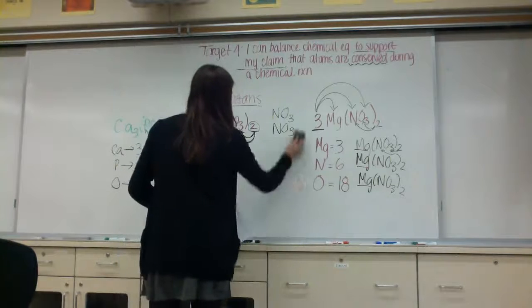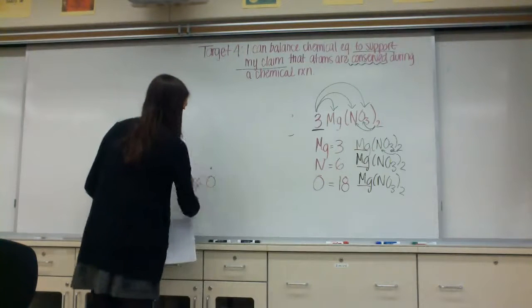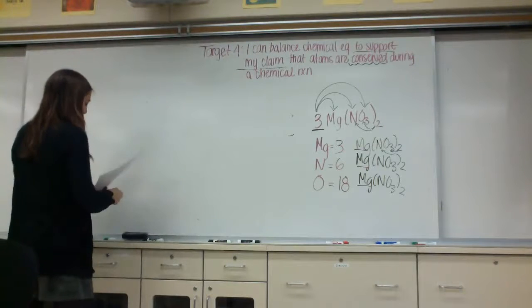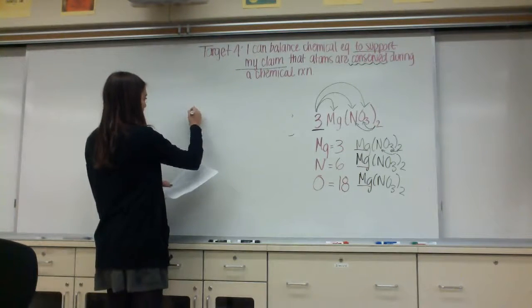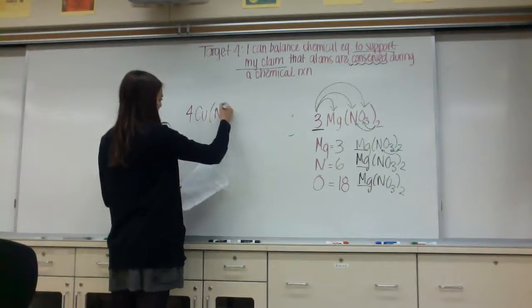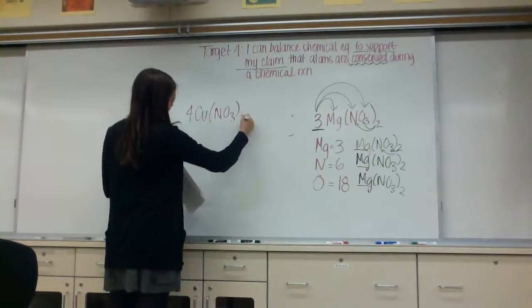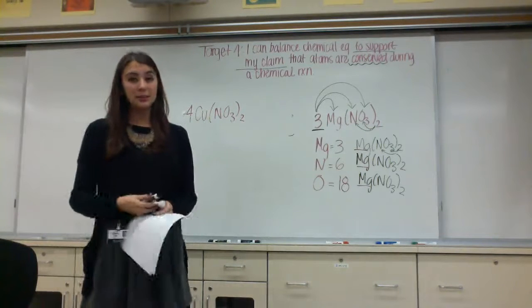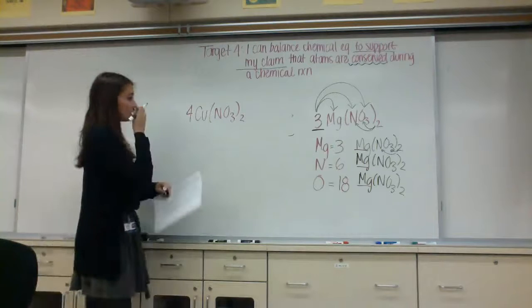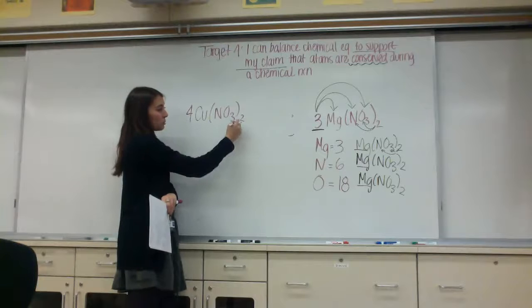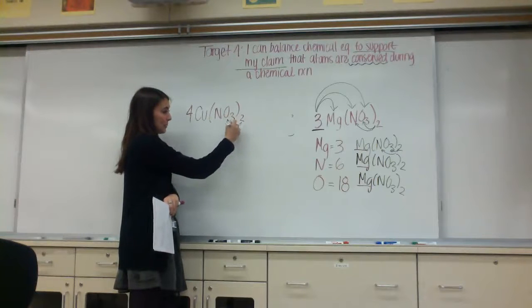Okay? So the one that I'm going to do for you is 4Cu(NO3)2. First thing I always like to do, if you get confused, then you better draw those arrows. So my small subscript after the parentheses only goes to the things within the parentheses.